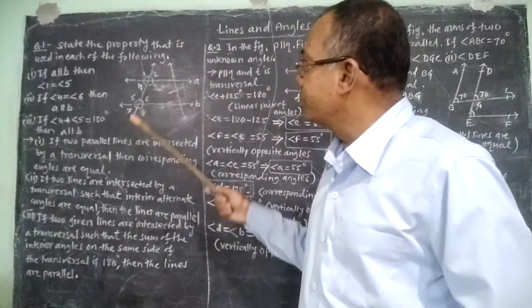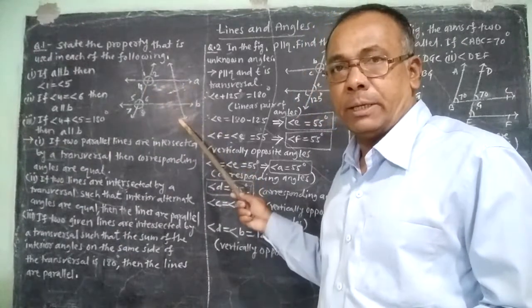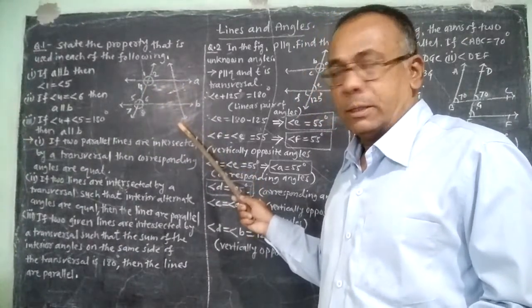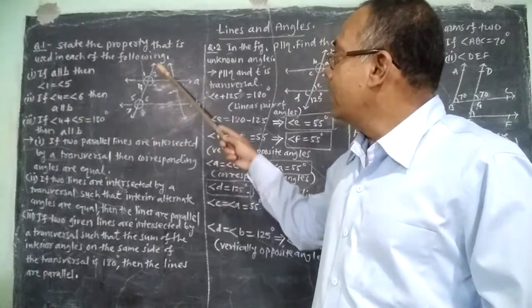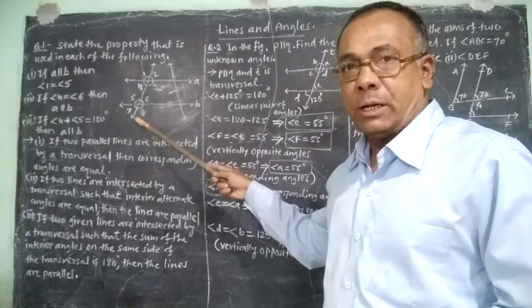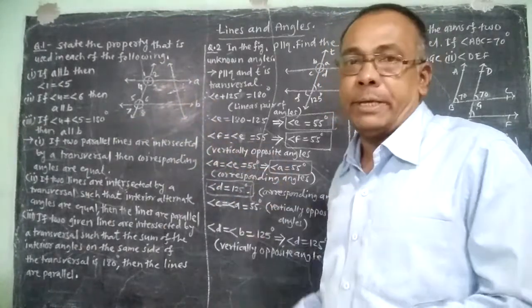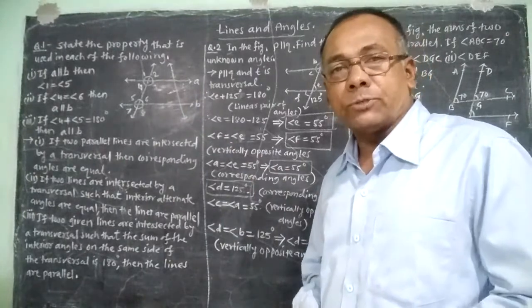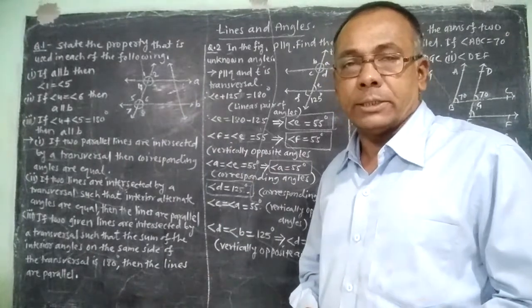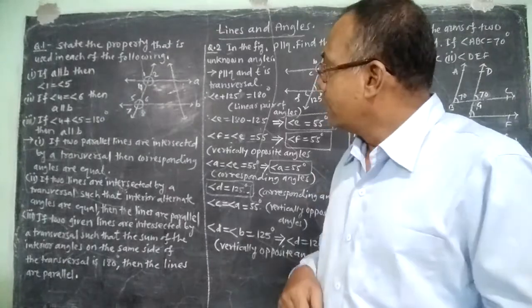Here, if we consider line A and line B, and line T is the transversal of these two lines, then 8 angles are formed.